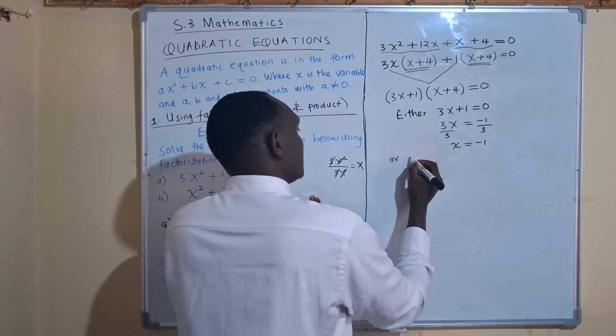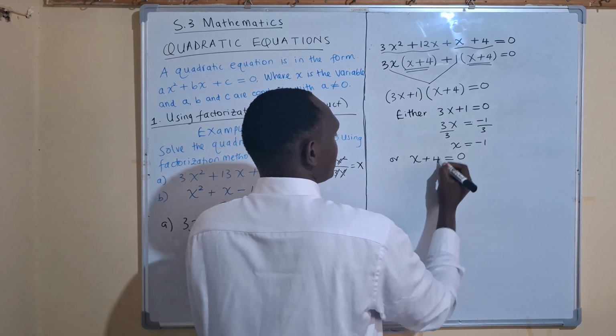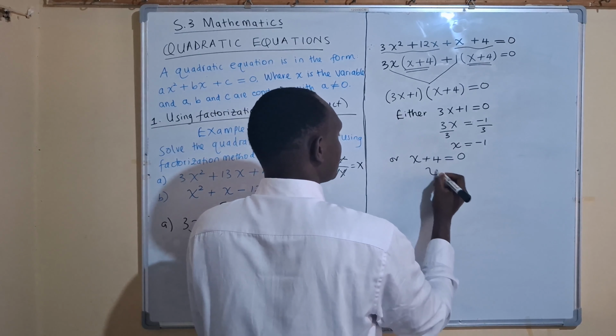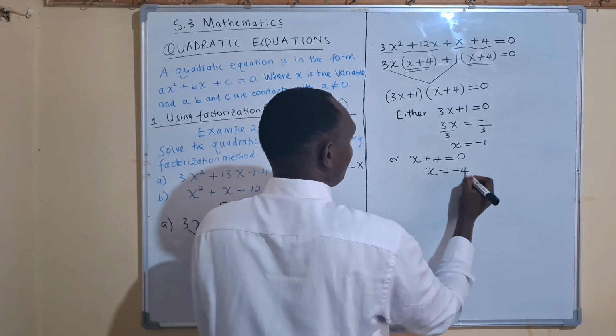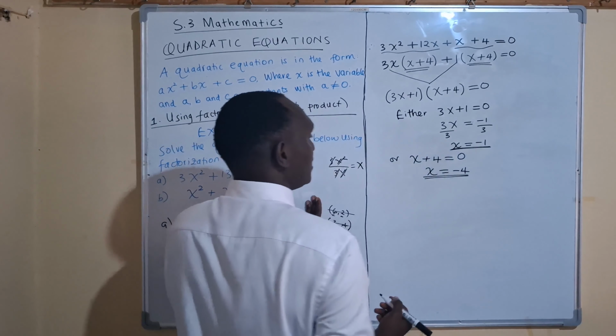Or the second bracket, x plus 4 equals 0, which gives x equals negative 4. These are the values of x for the first equation.